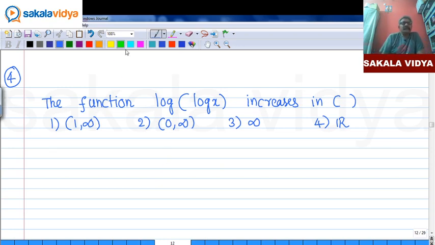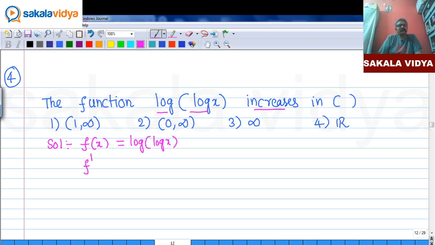So, now here the function log of log x increases in which interval? Let us say f of x equals log of log x. Let us differentiate it with respect to x, so that we get f dash x. F dash x equals 1 by log x, but log x differentiation is 1 by x.